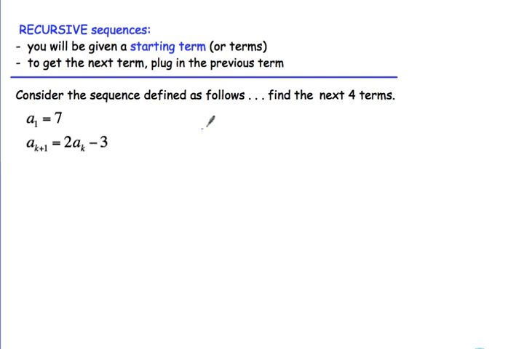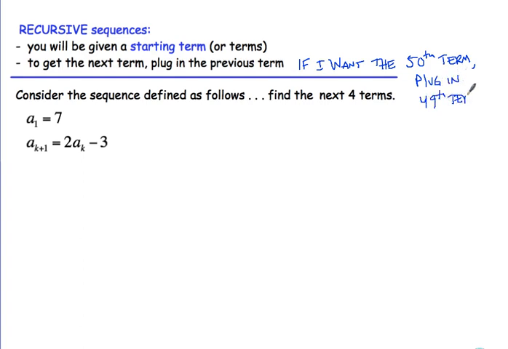Now, to get the next term, I have to plug in a previous term. So let me write this out. If I want the 50th term, I cannot just plug in a 50. I would have to plug in the 49th term.